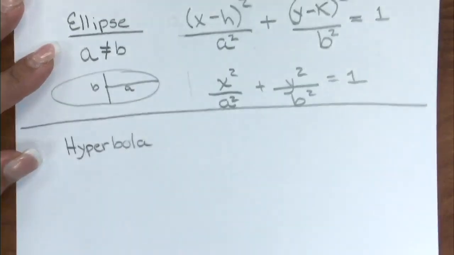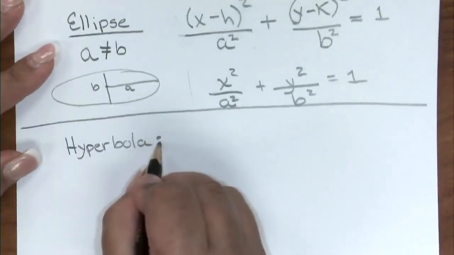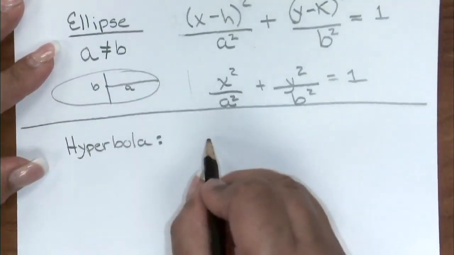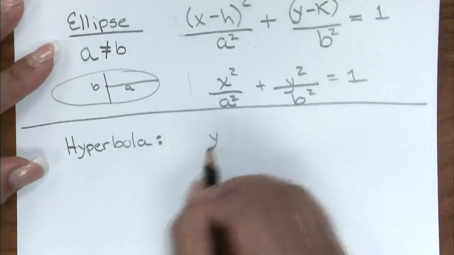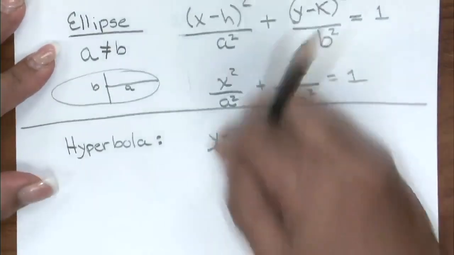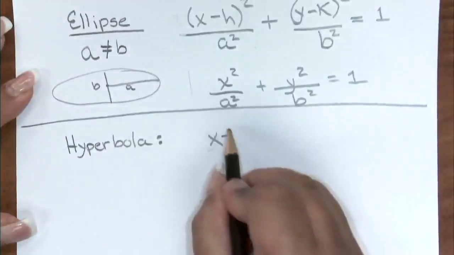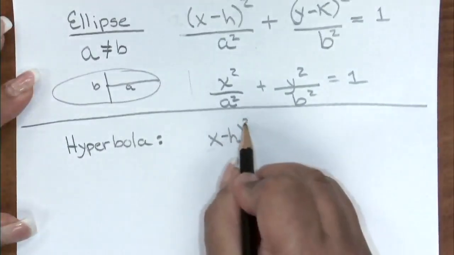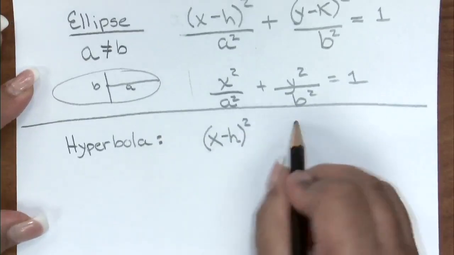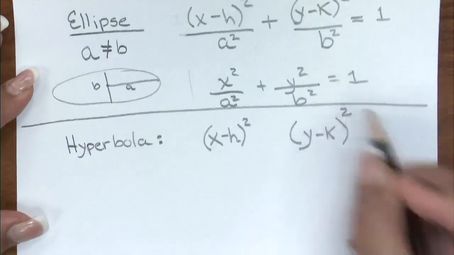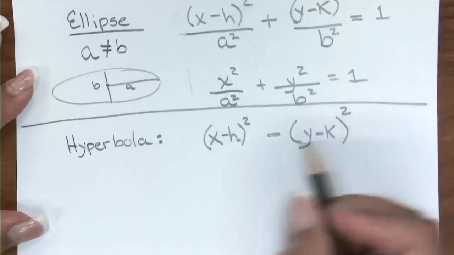The hyperbola. The hyperbola looks like this. There's a fourth one that you study a lot. Okay, so let's say you had this. Oops, let me do x first. You have your x term squared, you have your y term squared, and then there's a minus in front of them.